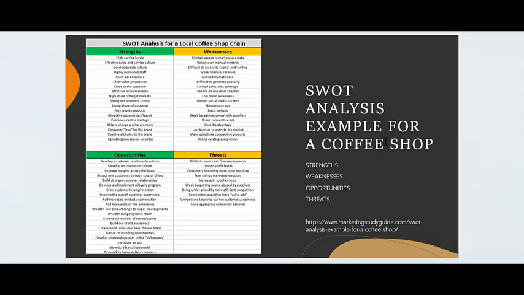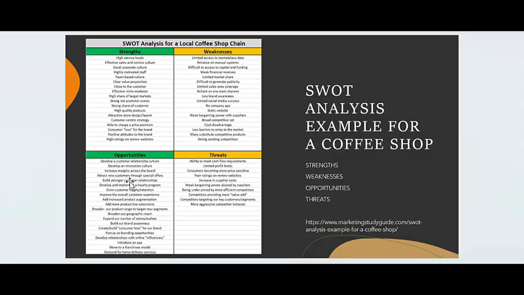If we look at this little example for a coffee shop, the strengths might be the high service levels, team-based culture, and high quality products. Those are all things that make people want to come and make them highly competitive. Then if you look at their weaknesses, they have limited market share, difficult to generate publicity, and limited sales area coverage. These are all things that could potentially wreck the business.